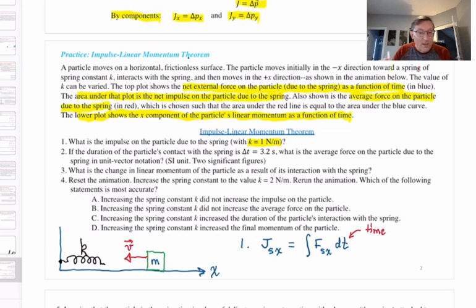Integrate with respect to time, please, not position x, time. And integrate from t1 to t2, where t1 is when the collision starts, when the block first makes contact with the spring, and t2 is when the collision ends, when the block leaves the spring. Well, I would have to know that actual force function of time to do the integral. Pretty messy. But remember, an integral is an area under a curve.